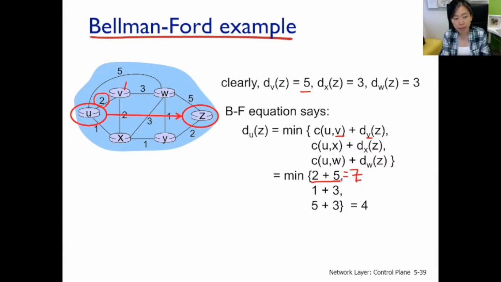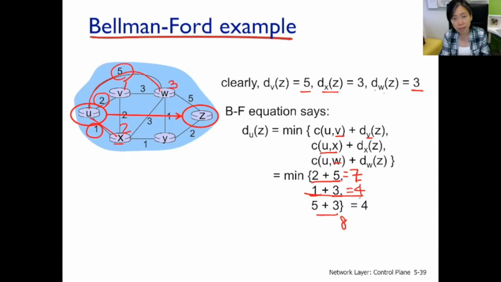Second neighbor, X. The link cost from the source to X is 1, and dXZ is reported as 3. So this is 4 here. Wow, nice. Third neighbor, W. Link cost is 5 and dWZ is 3. Together, 8. So obviously, 4 is the minimum value.